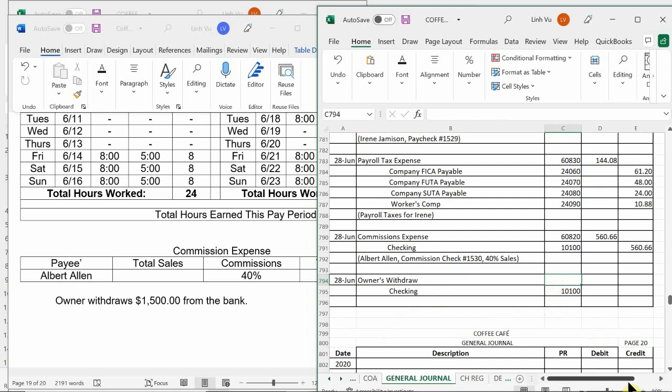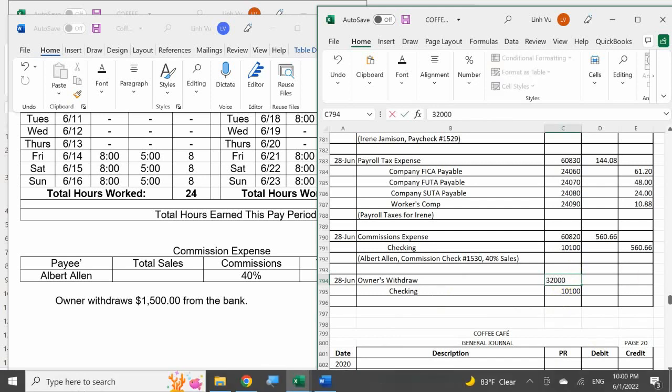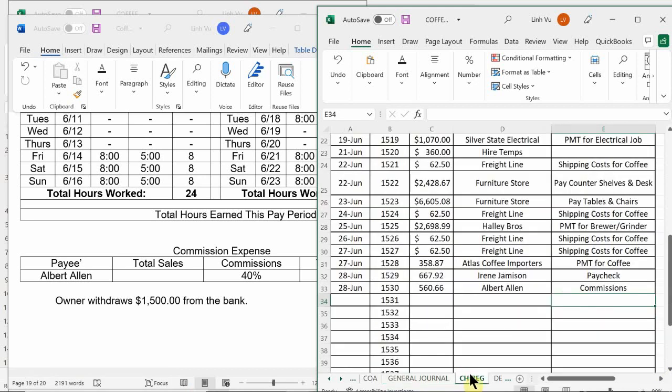Okay? And how much did he withdraw? He withdrew $1,500.